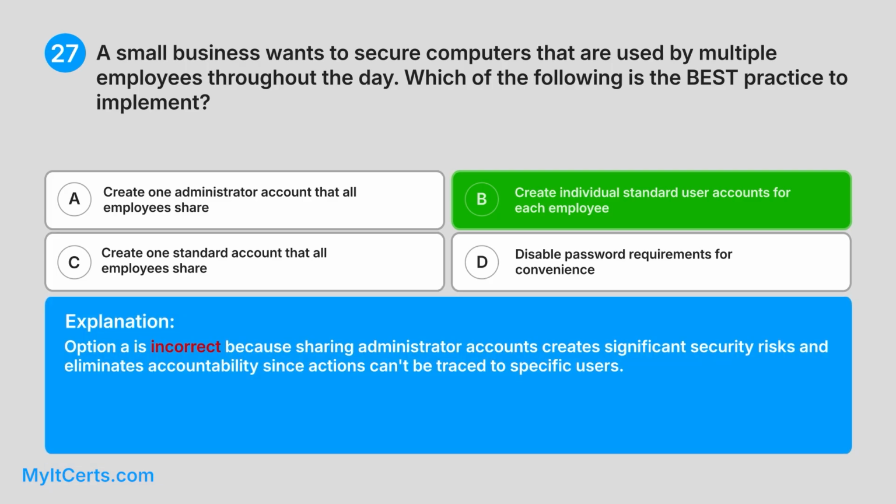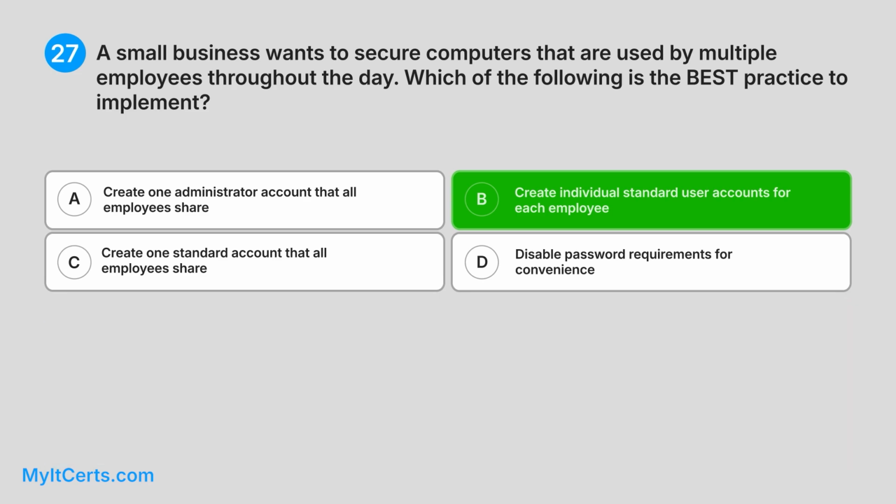Option A, create one administrator account that all employees share, is incorrect because sharing administrator accounts creates significant security risks and eliminates accountability since actions can't be traced to specific users.